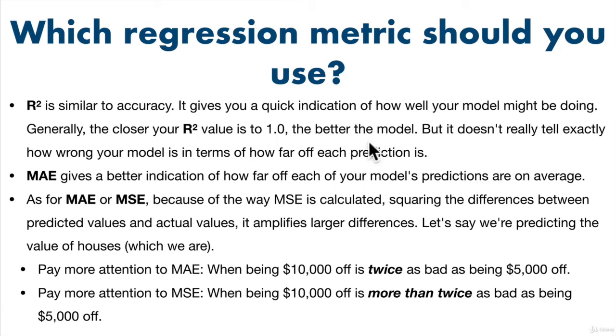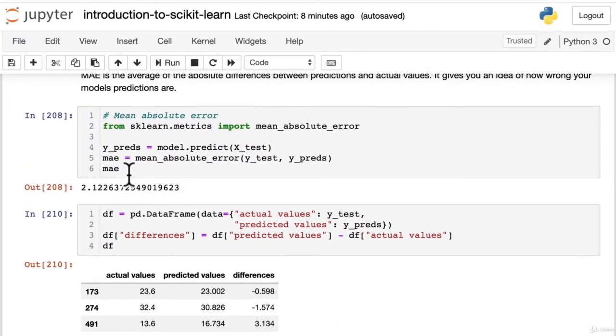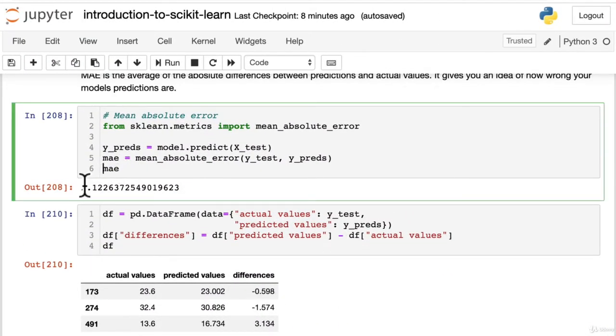But as we've seen before, R squared doesn't really tell us exactly how wrong our model is in terms of how far off each prediction is. For that, mean absolute error gives a better indication of how far off each of your model's predictions are on average. So that's when we saw this one here, right? This is how we saw, on average, each of our model's predictions is about 2.12 away from what it actually should be, whether that's positive or negative.